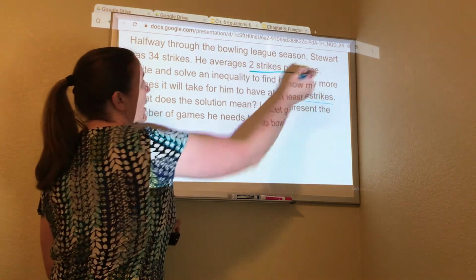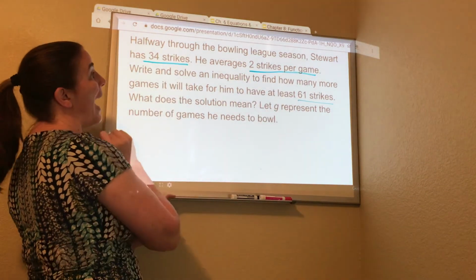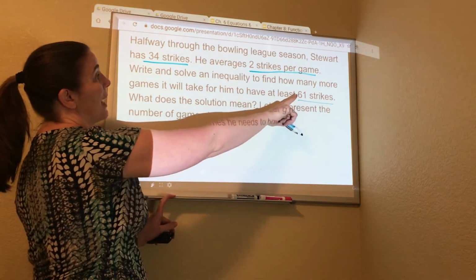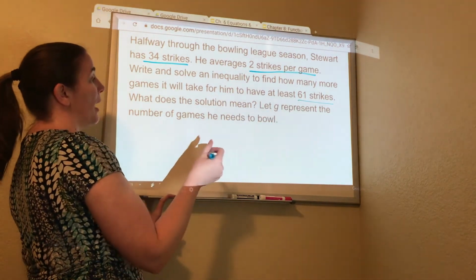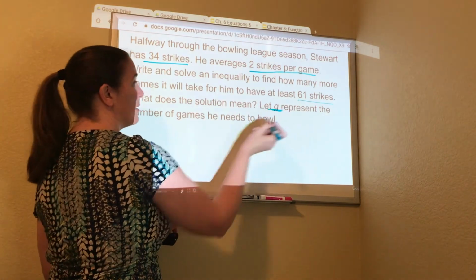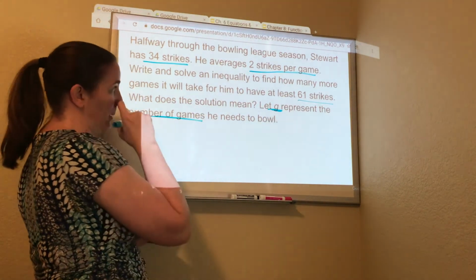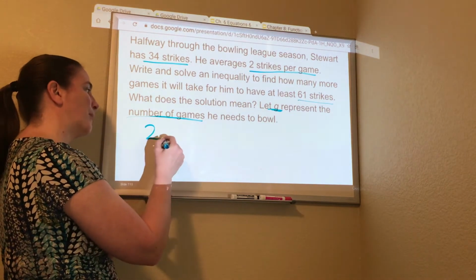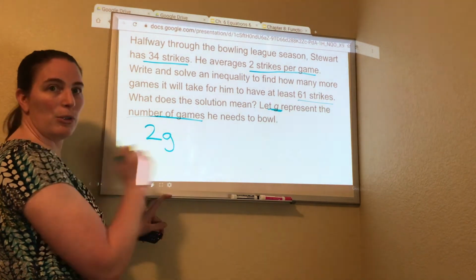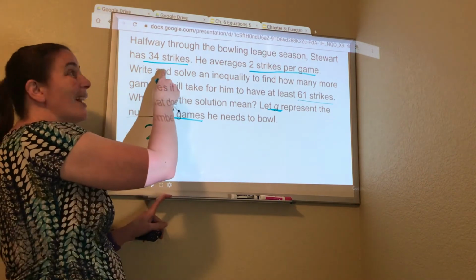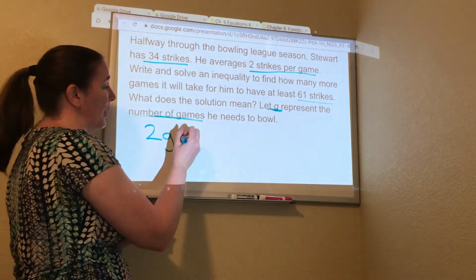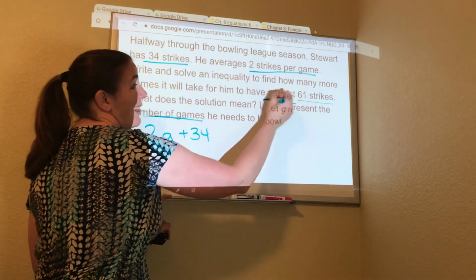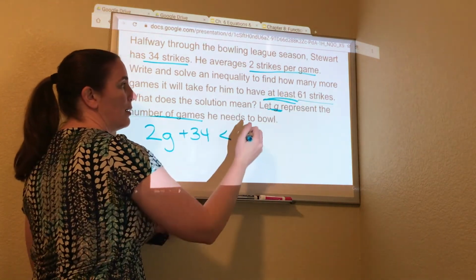So we have 2 strikes per game. He has right now 34 strikes, okay? And he wants at least 61, okay? And then G is going to represent the number of games. So he's got 2 strikes per game, so it's 2 times G, plus he's got the 34 strikes already, but it's at least 61.